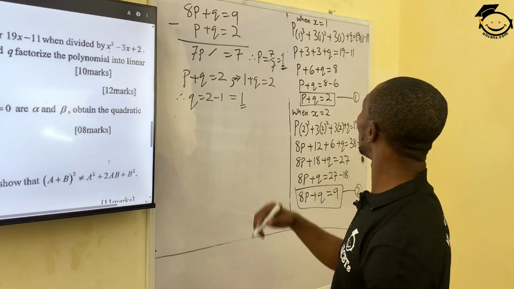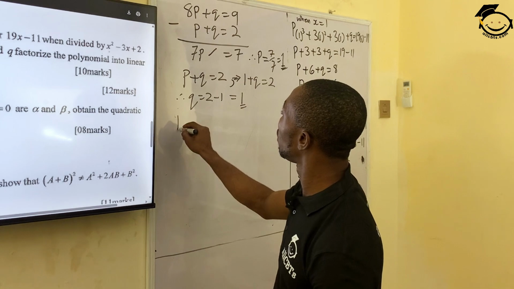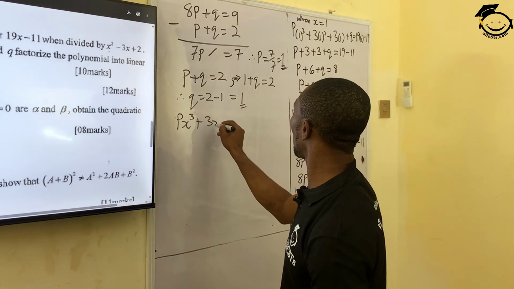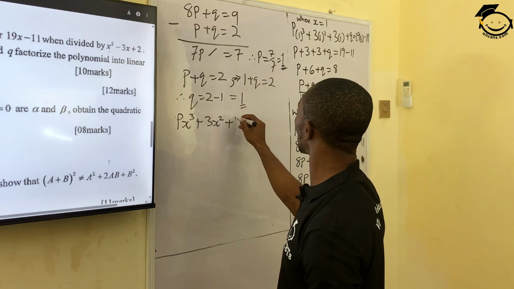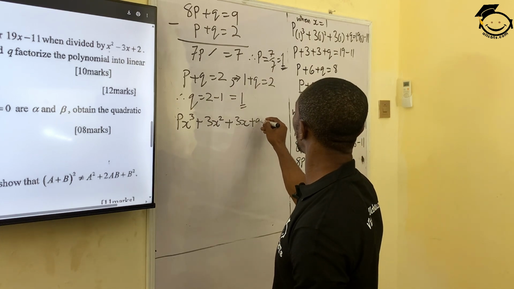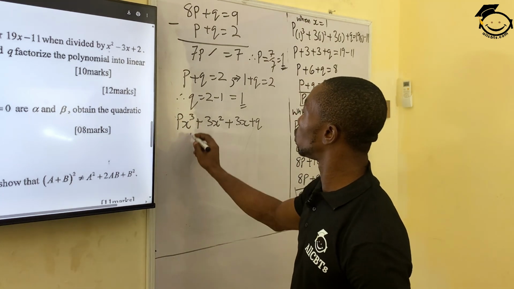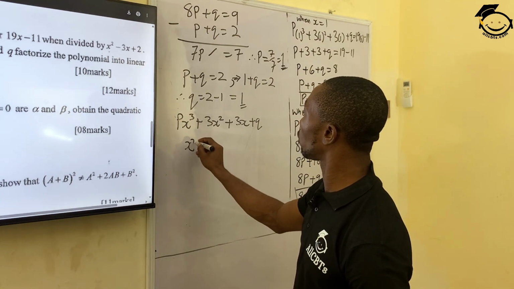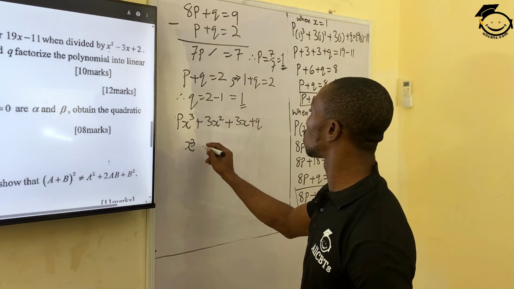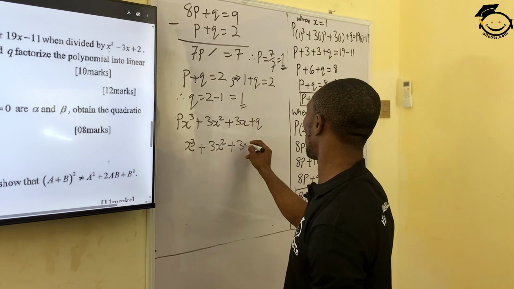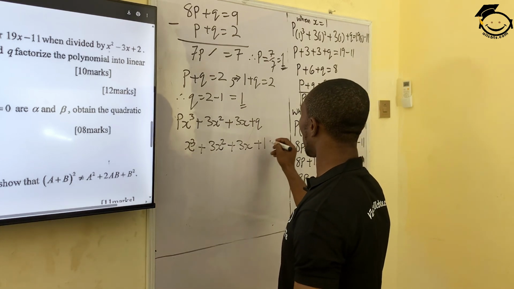Now back to our equation that we have, px cubed plus 3x squared plus 3x plus q. From here we can see that the value of p is 1. So our equation will become x cubed plus 3x squared plus 3x plus 1.